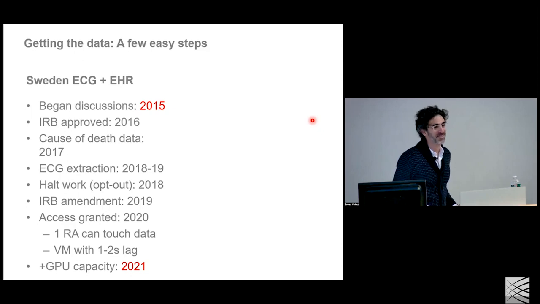Okay, so you might ask, what rational person would wait this long to go through this process? And it turns out that in 2016, by an amazing coincidence, I met my future wife, who happens to be from this region in Sweden, completely unrelated to the cardiologist that I met.